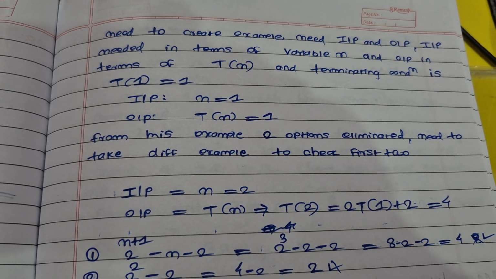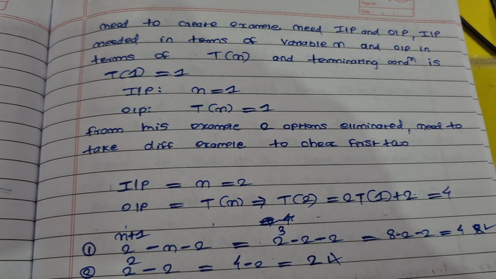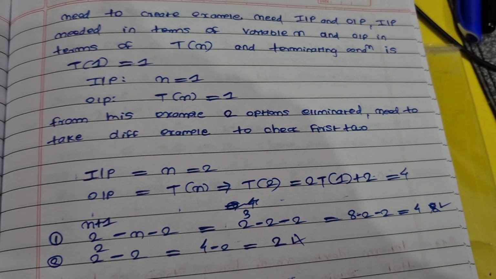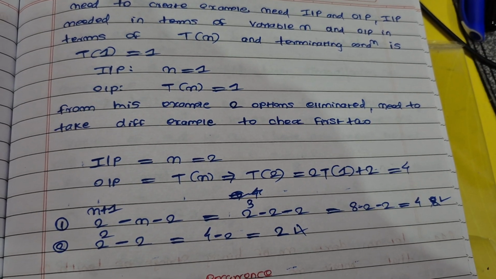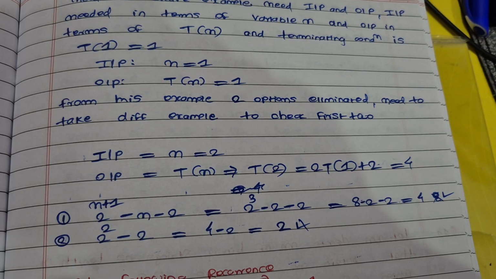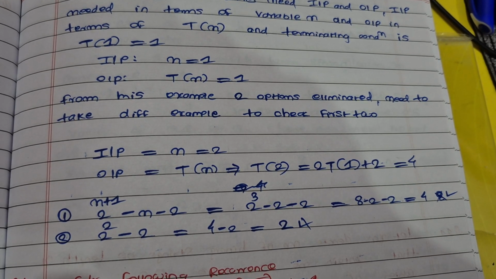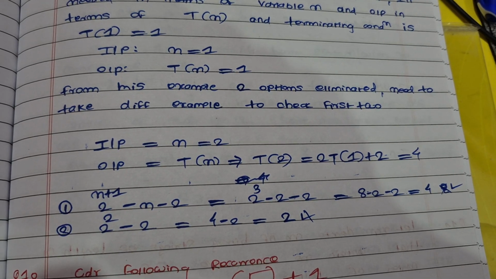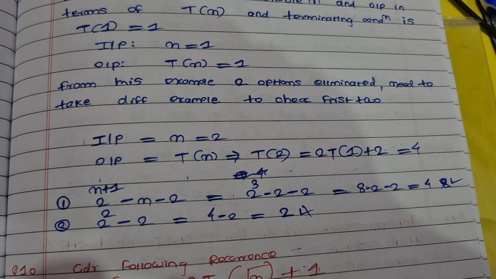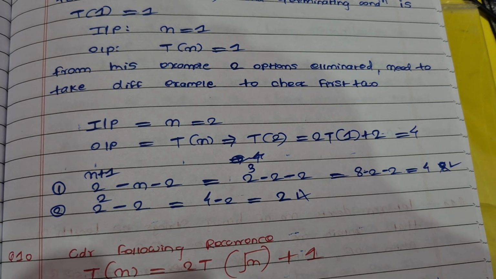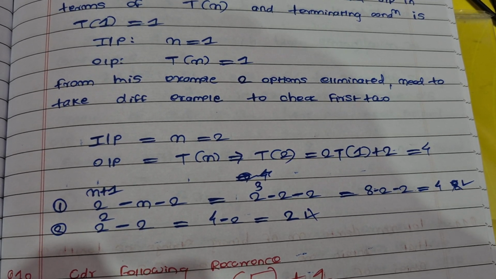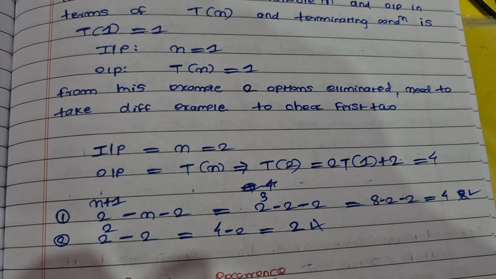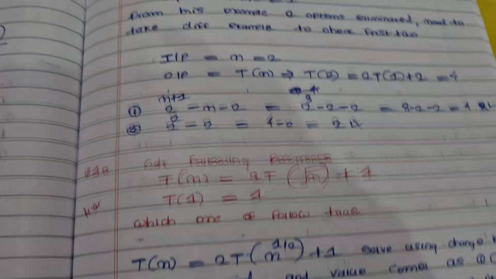So input is n = 1 and output is T(n) = 1. From this example, 2 options are eliminated, and we need a different example to check the first 2. Input n = 2, output T(2) equals this, and we have gotten the correct option.